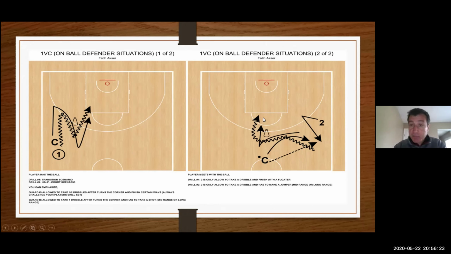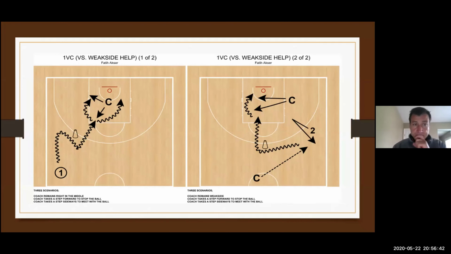In this case, the player meets with the ball. First drill, for example, you can say 2 is only allowed to take a dribble and finish with a floater, or whatever way you want them to finish. Second drill would be 2 is only allowed to take a dribble and has to make a jumper with a different footwork. That was on the ball.